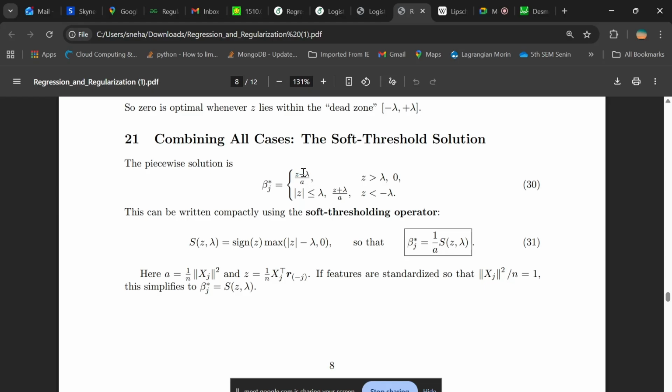So we shrink z by lambda, but we do not set it to 0 because z is not less than or equal to lambda, right? So we do not set our beta to be equal to 0.